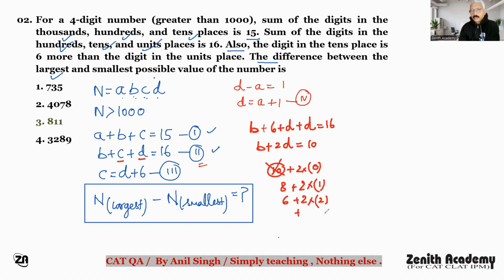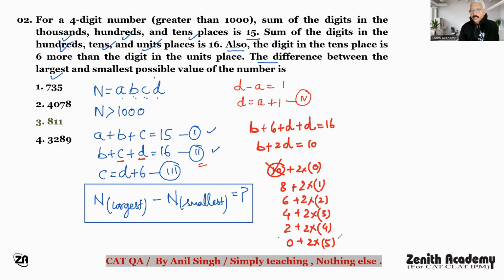If I take D is equal to 3, then 2 times 3 is 6, so it must be 4. If I take 4, then 2 into 4 is 8, so it must be 2. If I take D is equal to 5, 2 times 5 is 10, so it must be 0.